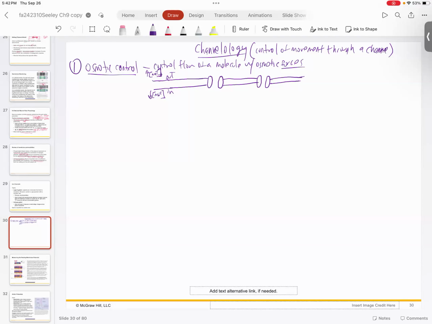Somebody define diffusion for me. This is just like general bio review. I can hear some of you out there Googling it right now.